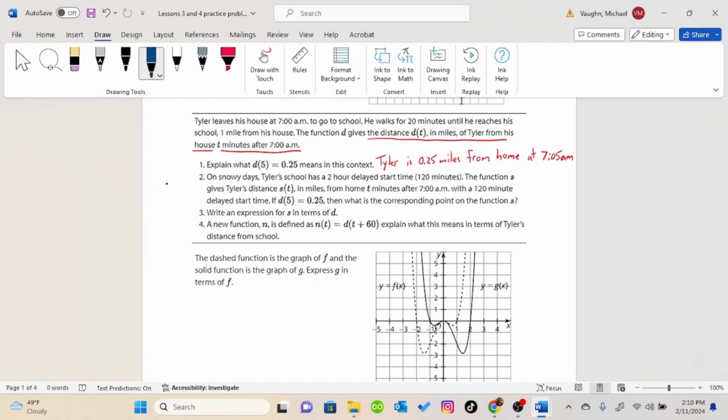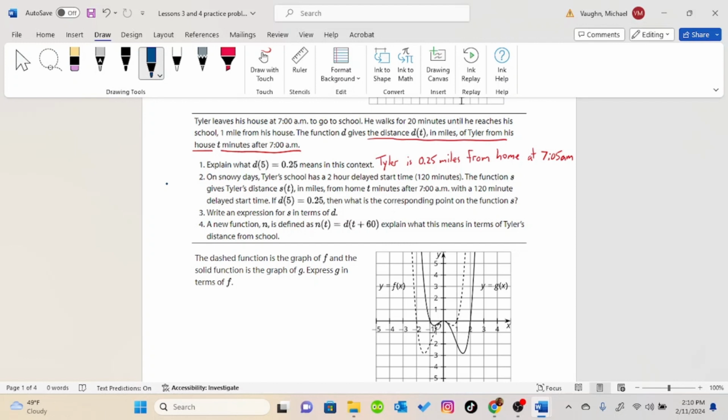On snowy days, Tyler's school has a 2-hour delayed start time, which is 120 minutes. The function s gives Tyler's distance in miles from home t minutes after 7 a.m. with a 120-minute delayed start time. If d of 5 equals 0.25, then what is the corresponding point on the function s?